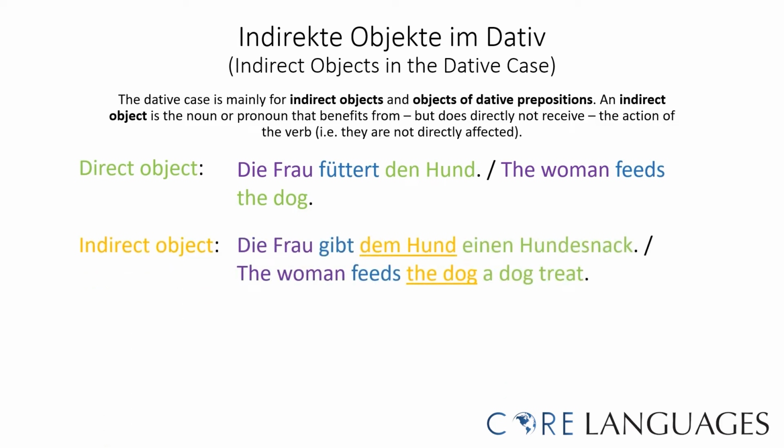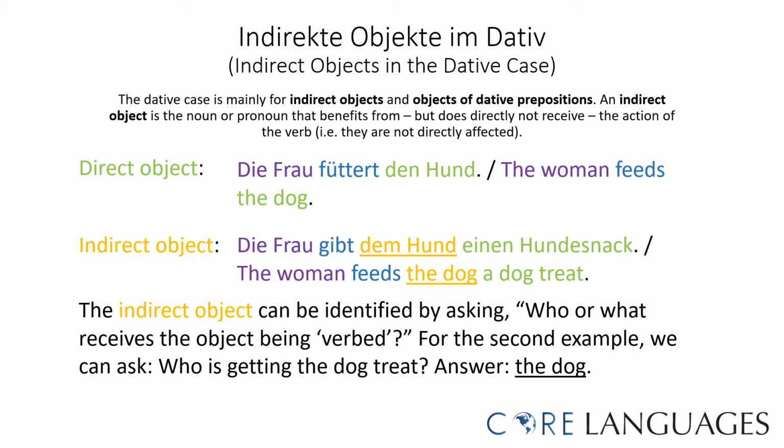However, die Frau gibt dem Hund einen Hundesnack. The woman gives the dog a dog treat. In this example, the dog is the indirect object, and the dog treat, der Hundesnack, is the direct object of the action of giving.